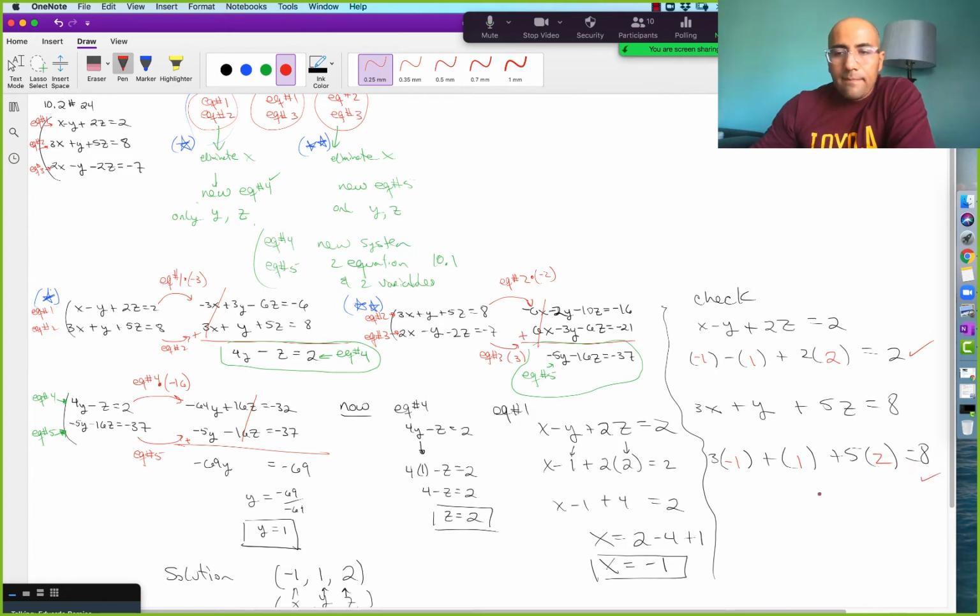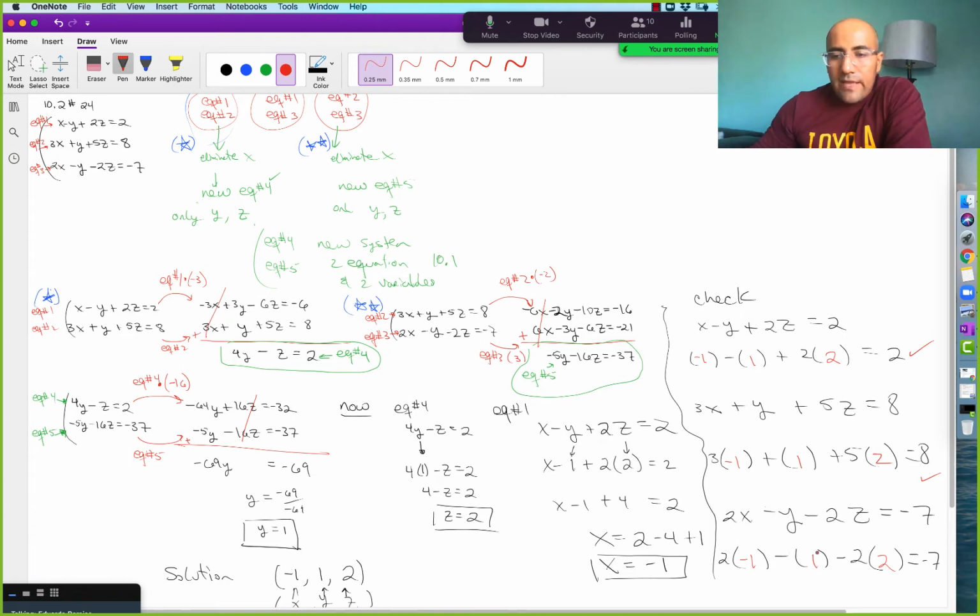Yep, that works. And finally, 2 times x minus y minus 2 times z equals -7. So 2 times blank minus 2 times blank equals -7. And we have this, which is -1, 1, and 2.